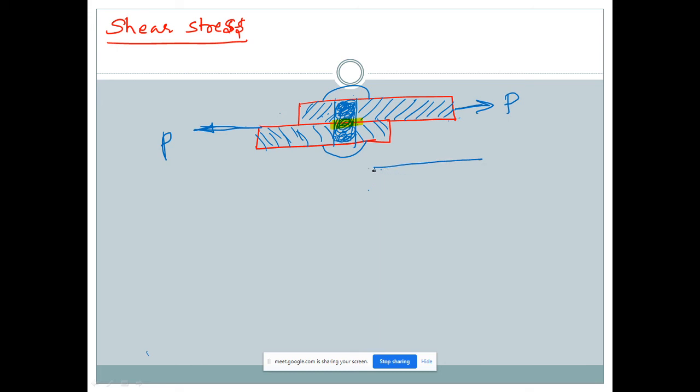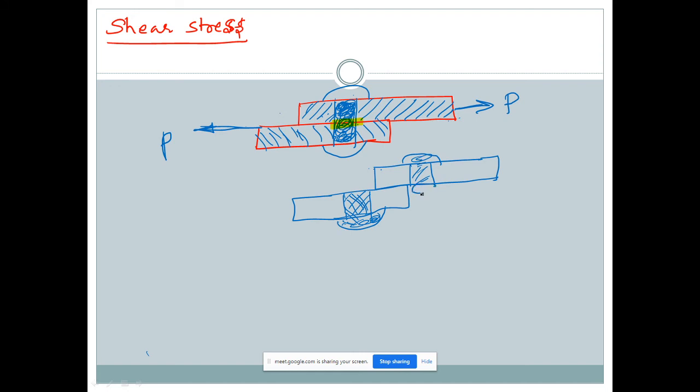We'll draw the sheared out rivet here. This is one plate. This is another plate. So now what happens? The rivet is sheared off.